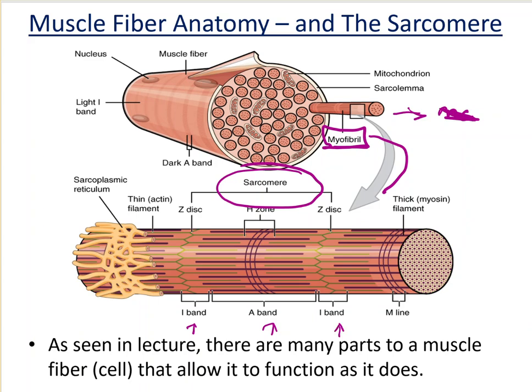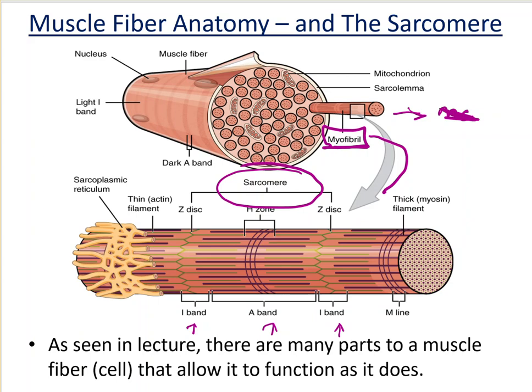And your muscle cell will be a continuous repeating pattern of I-band, A-band, I-band, I-band, A-band, I-band, over and over again. And each time you have an IAI, it's called one sarcomere. So you're going to have a sarcomere next to a sarcomere next to a sarcomere.